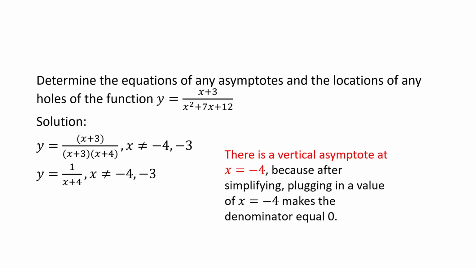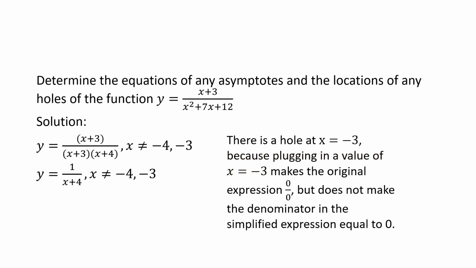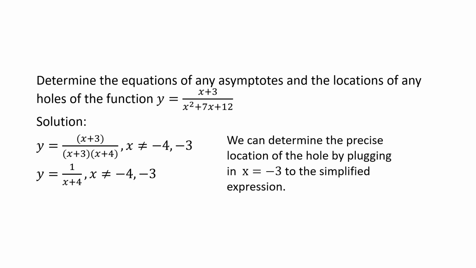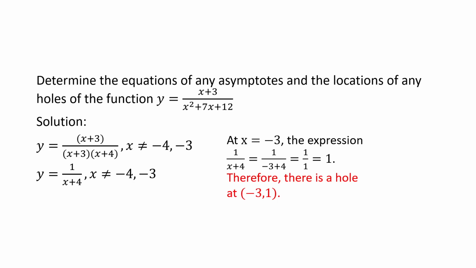The vertical asymptote is at x = −4 as mentioned, and the hole is at x = −3. The x + 3's cancel out, so there's no more left. When we plug x = −3 into the simplified expression, we get a y value of 1. So there's a hole at (−3, 1).